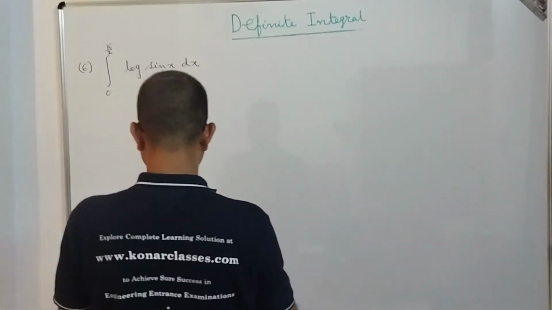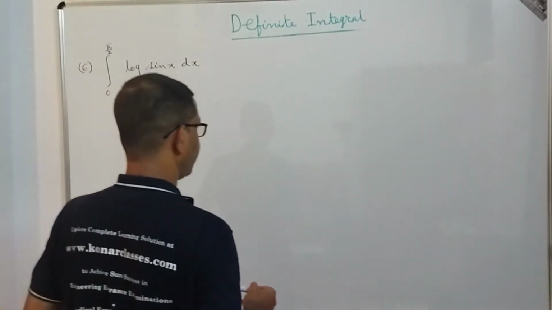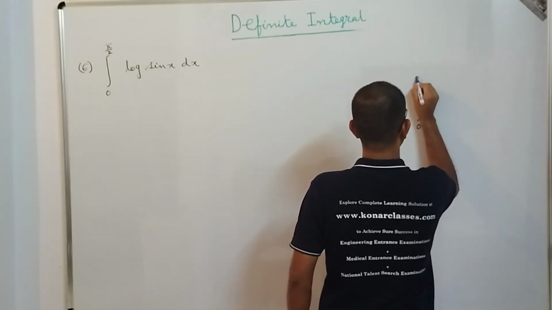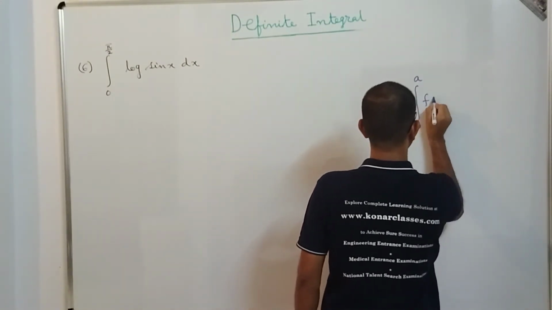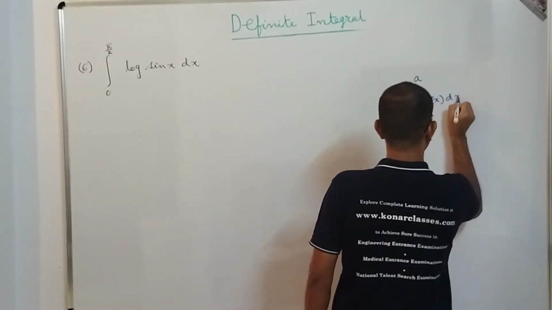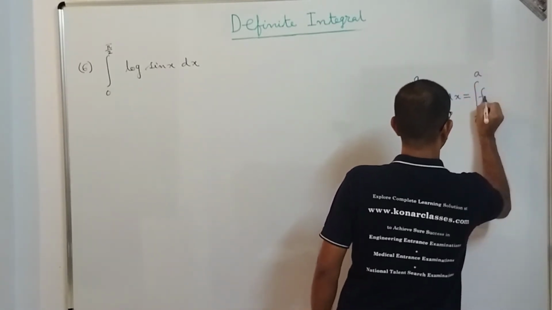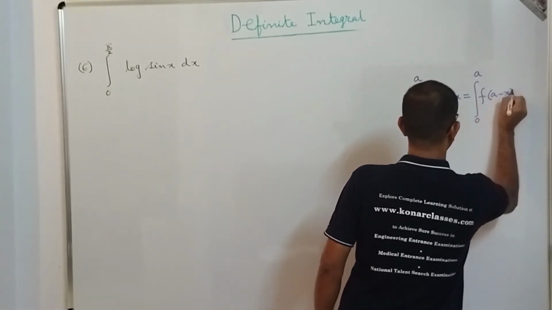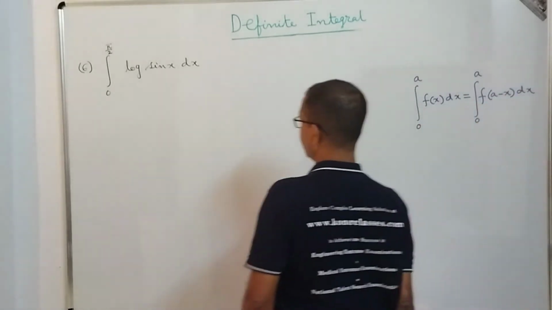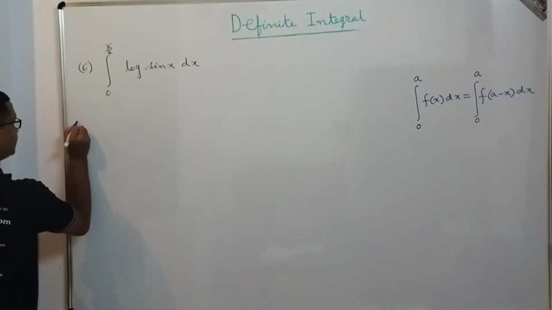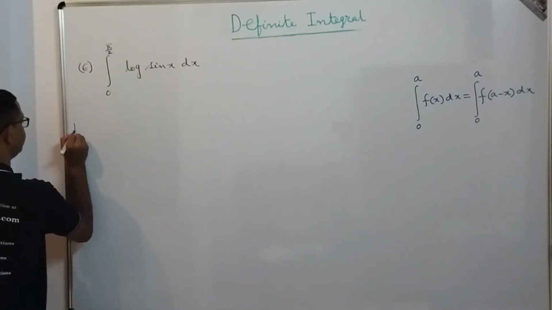Dear students, we know one property, that integration 0 to a f(x) dx is equal to integration 0 to a f(a minus x) dx.